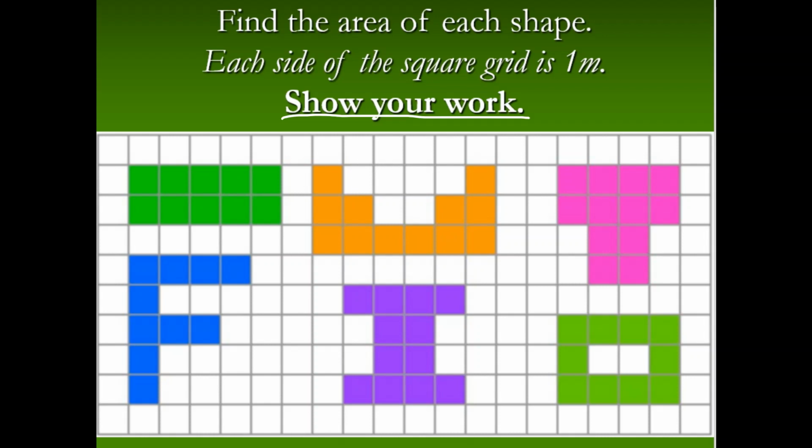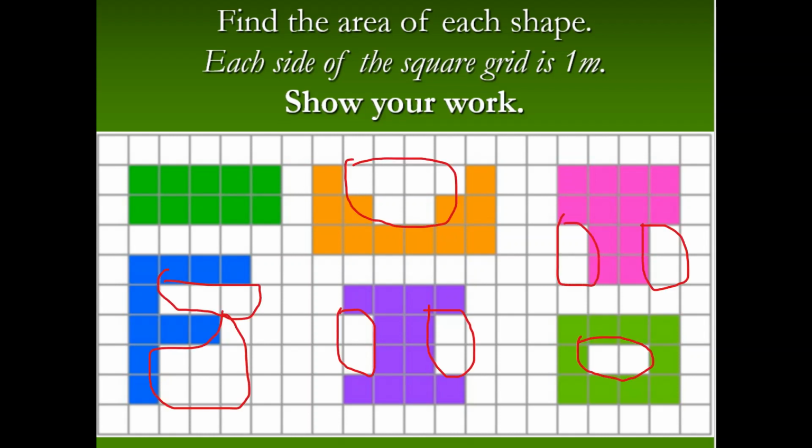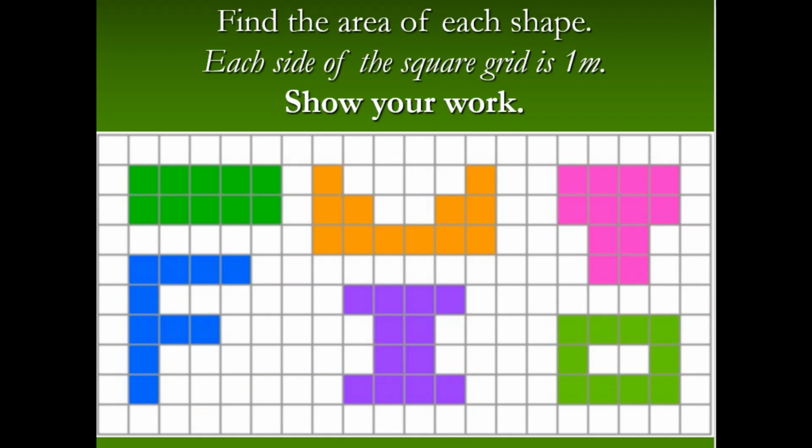As you can see, there are parts missing, and I want you to find the area of each of these shapes in the grid and show me how you got your answer. If you found the other two too easy, try this one out. And again, the answers will be in the description down below.